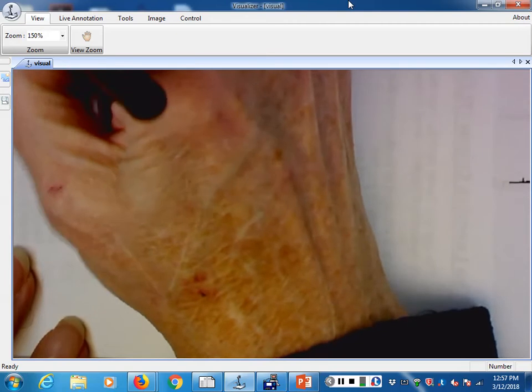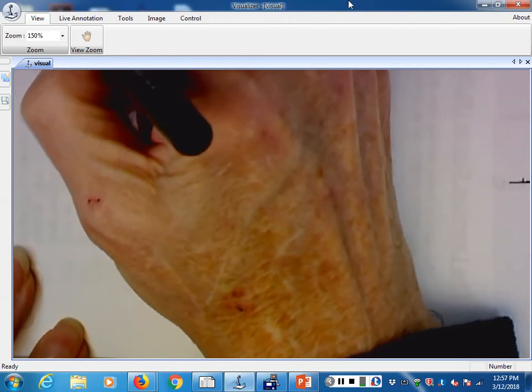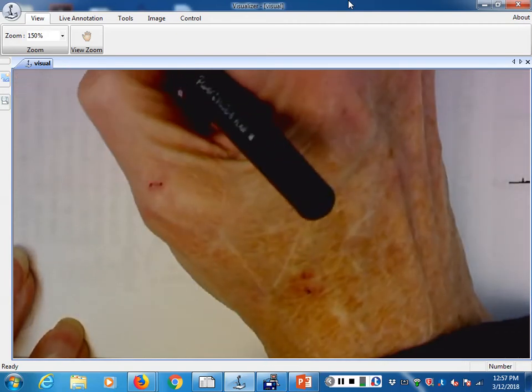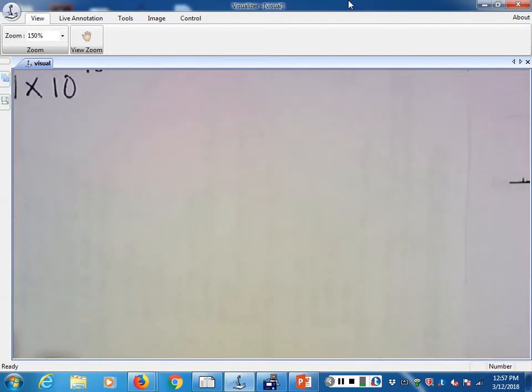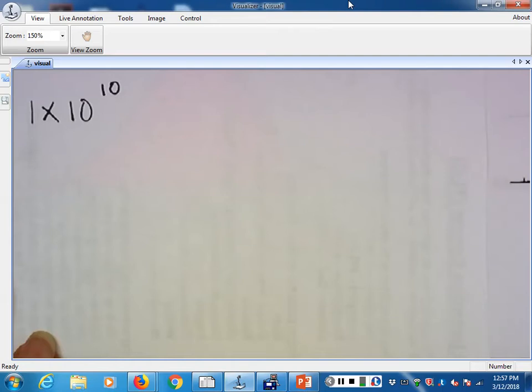Review of scientific notation. What number is that? Is it 10 million?